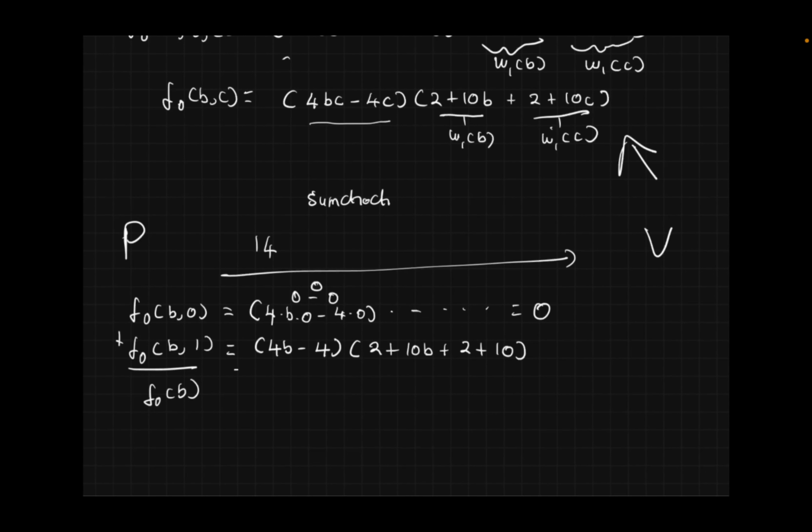Let's simplify this now. So what does this give us? 4b minus 4, 14 plus 10b, right? This is our f of b polynomial.